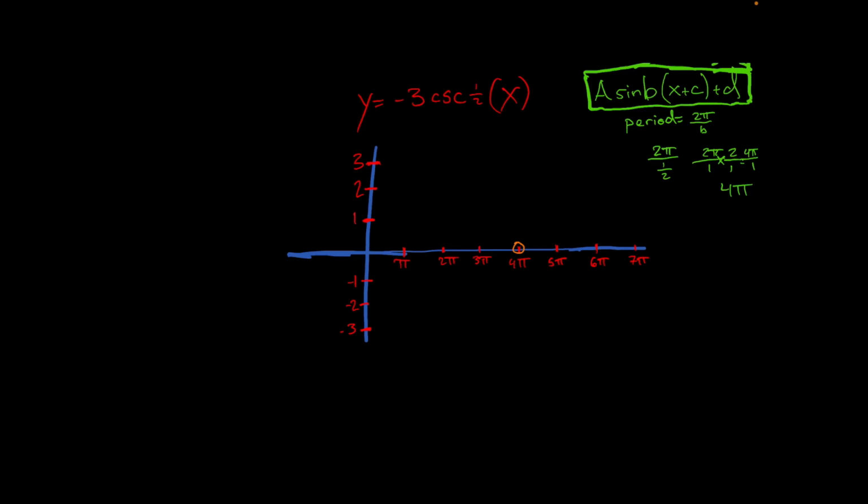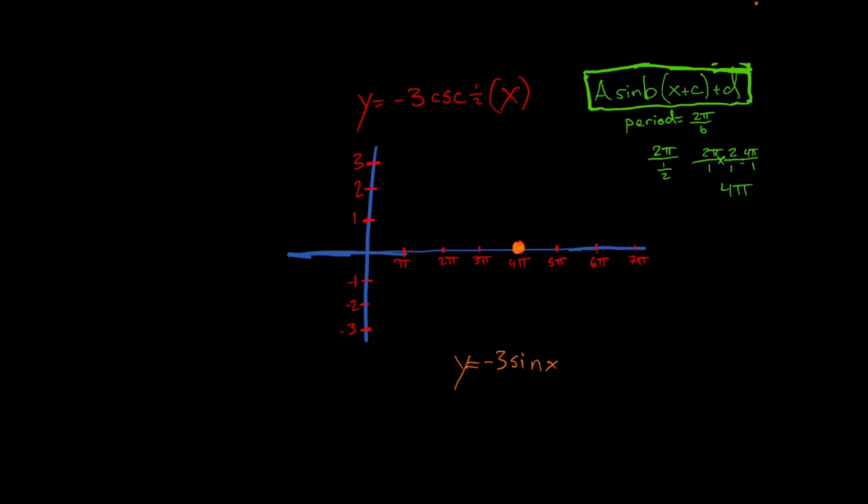Now I circled 4 pi just so that it's easier to know where it is. So right here is where we have one cycle. So now let's graph y equals -3 sine of x, keeping in mind that our period is 4 pi.